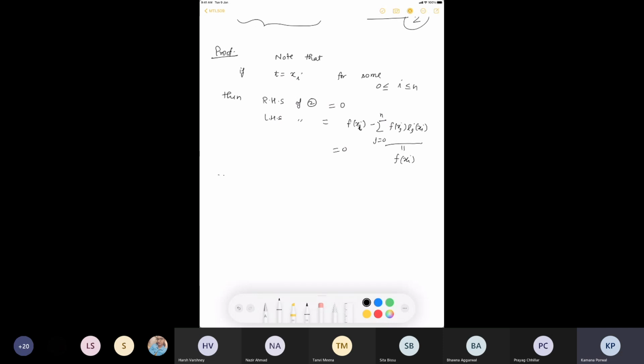Therefore, this result holds trivially if t is any node point.